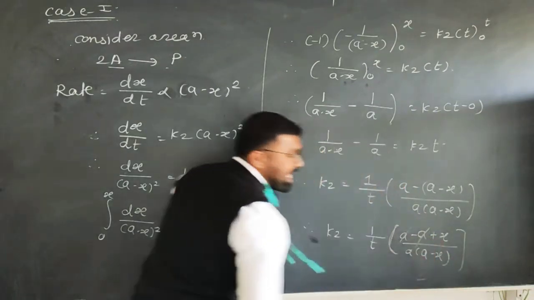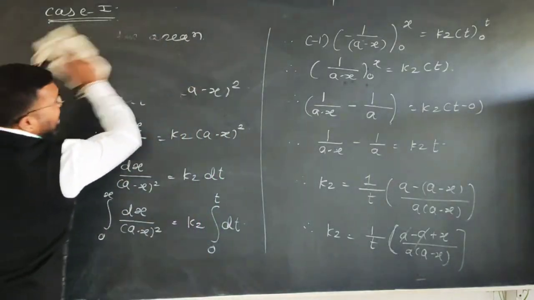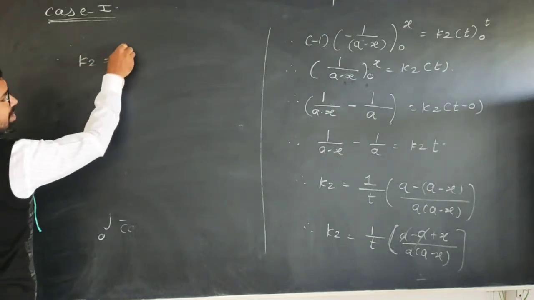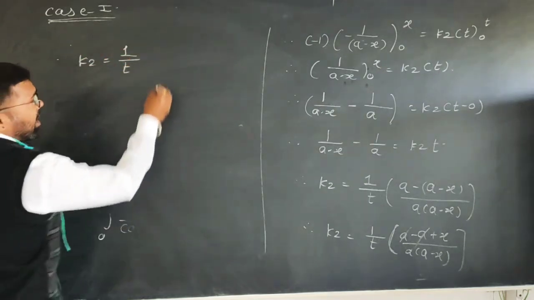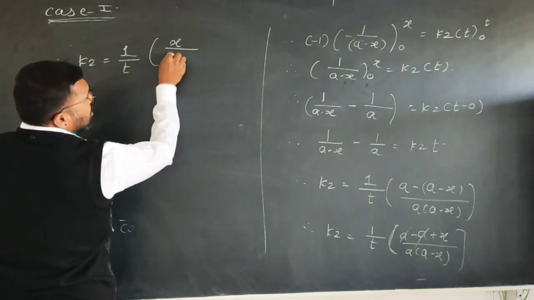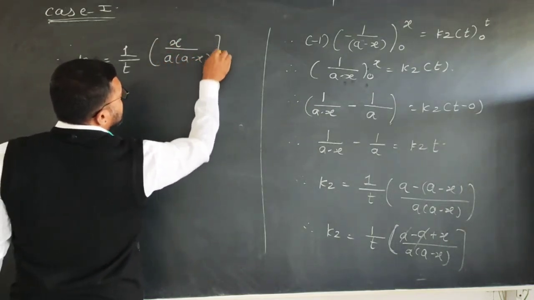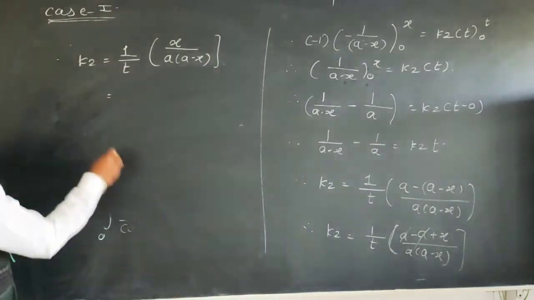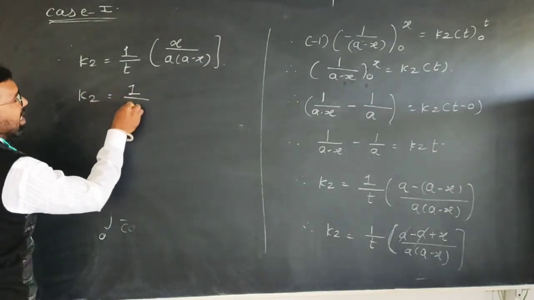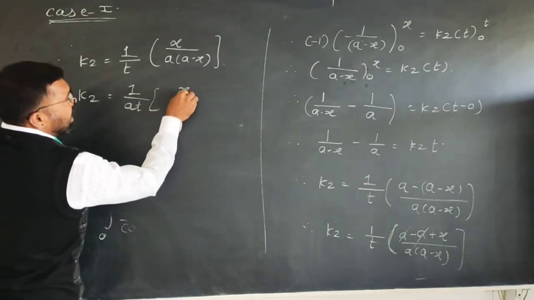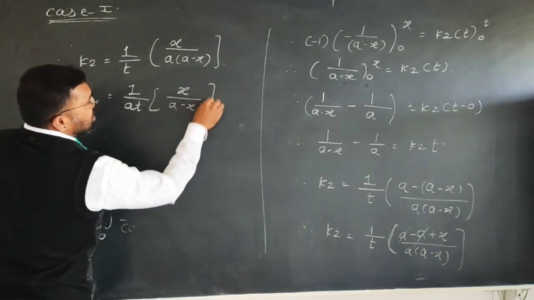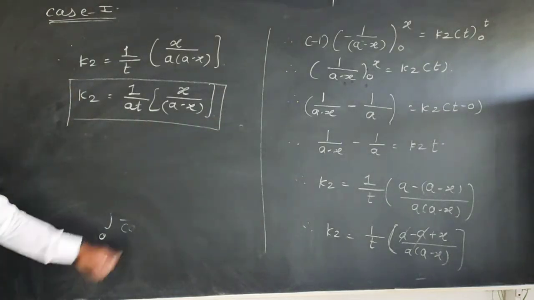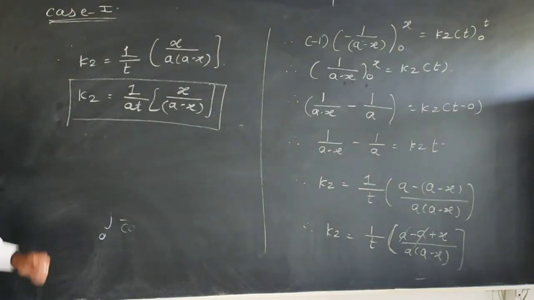So we get the final equation: k2 is equal to 1 upon at, x upon (a minus x). This is the equation for the rate constant for a second order reaction. This can be arranged in a different way too.